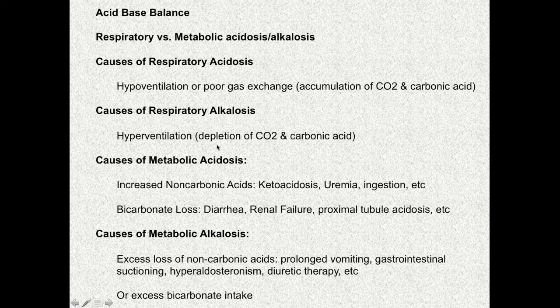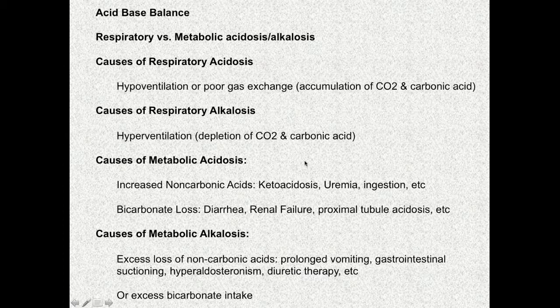Causes of metabolic acidosis, metabolic alkalosis, a little more complex because it literally is all other causes. So metabolic acidosis includes an increase in non-carbonic acids. So the overproduction of keto acids, we see that when people are breaking down fat as a source of energy exclusively.